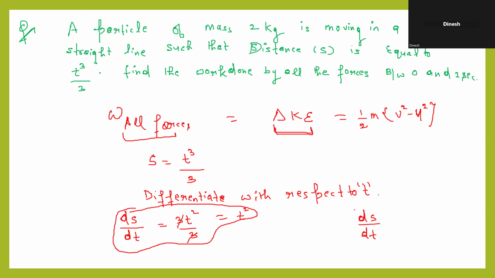Clear? So for finding the initial velocity, starting from 0 to 2 seconds, you just put t equal to 0. You will get u as 0 meter per second. In a similar way, ds by dt at time 2 seconds is the final velocity, that is 2 square, 4.